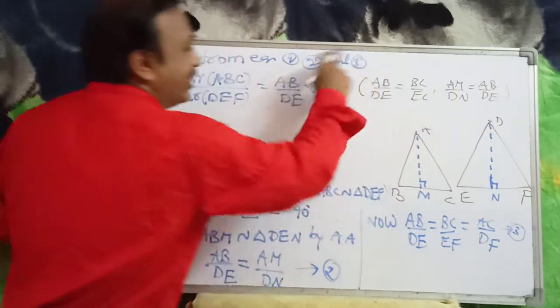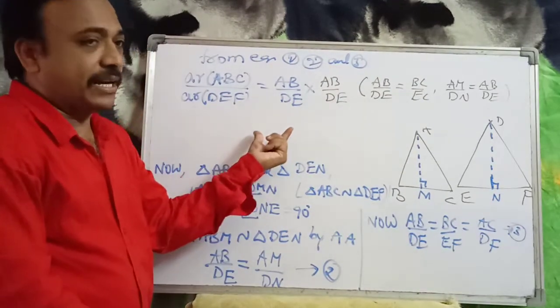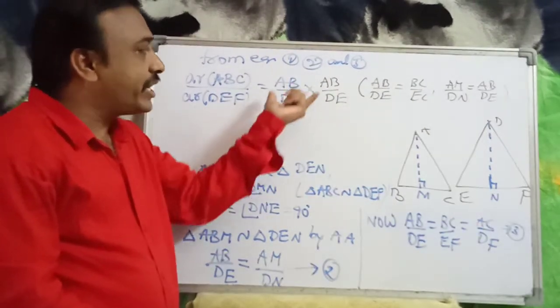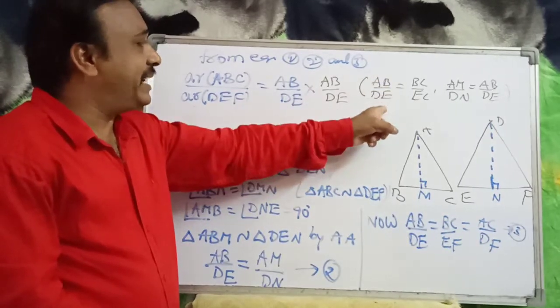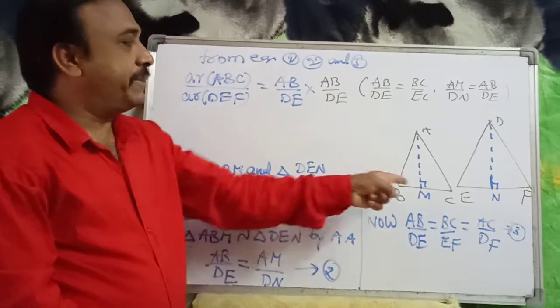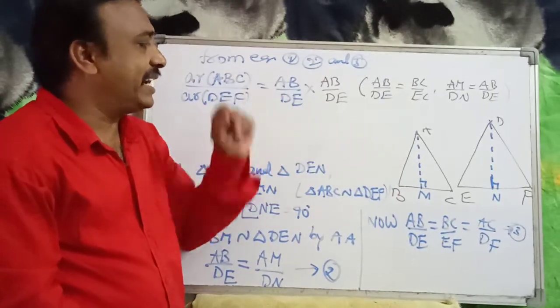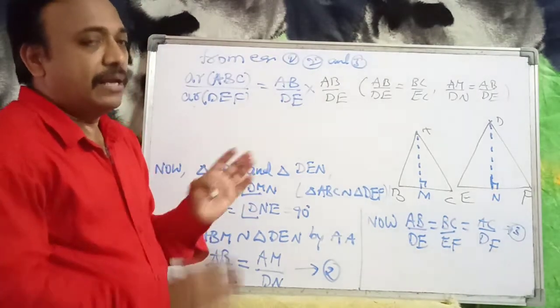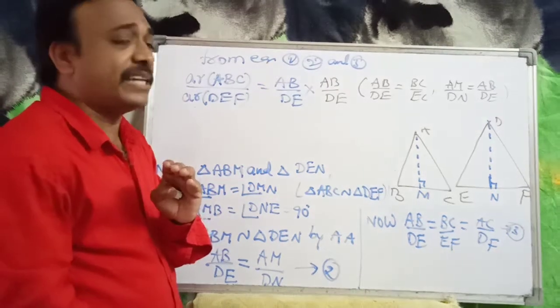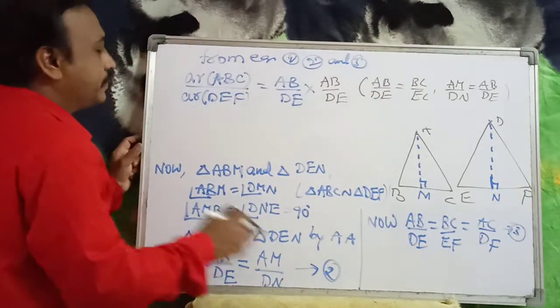Already we wrote this from equations 1, 2, 3, but for the safe side, so that you do not get confused about how we got this. In place of BC by EF, we can write AB by DE, because corresponding sides are in the same ratio. And AB by DE is from equation 2.